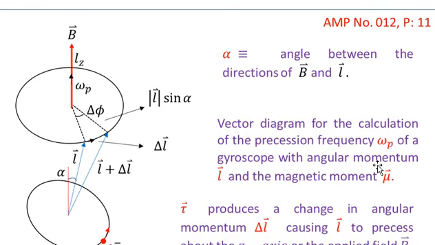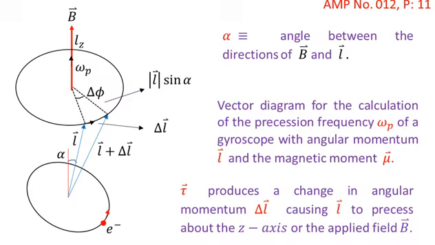In this diagram, I am going to explain in much greater detail. You have the applied magnetic field, which is shown, and this is the current loop of the electron. The electron is revolving in its current loop, and the vector L, perpendicular to this current loop, is shown.